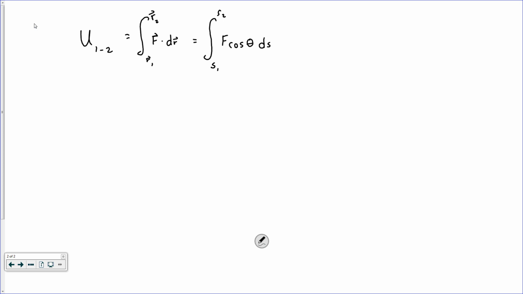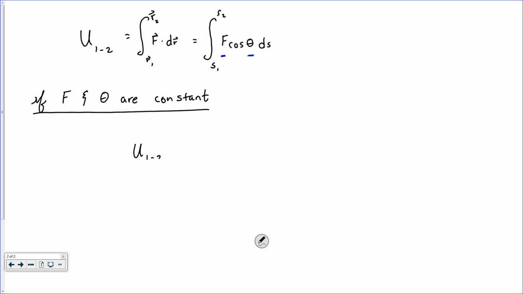Piece of cake. Now, there are many instances in which theta is constant and F is constant. So if F and theta are constant, then we can do a pretty cool thing. We can take F cosine theta and bring it out of our integral. So the work done from position 1 to position 2 is equal to F cosine theta, and we're left with the integral from S1 to S2 of ds.